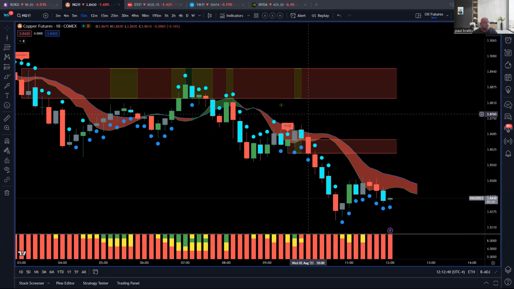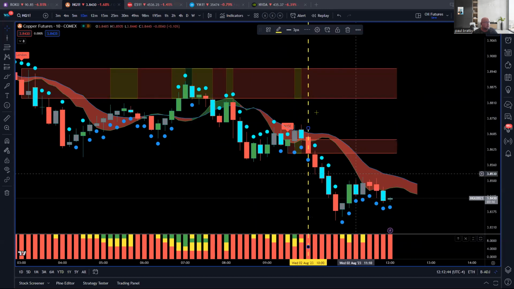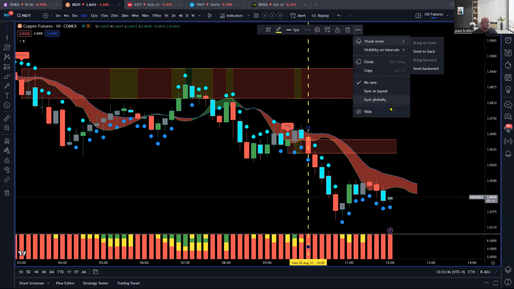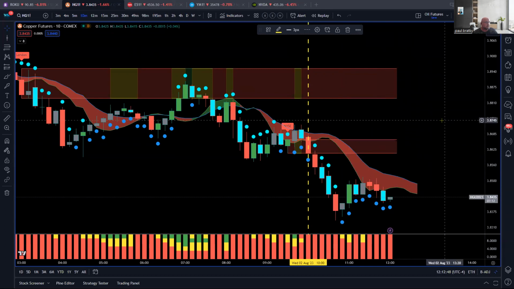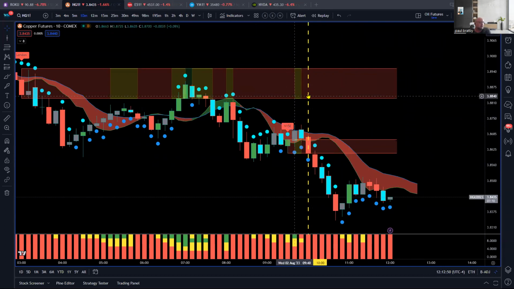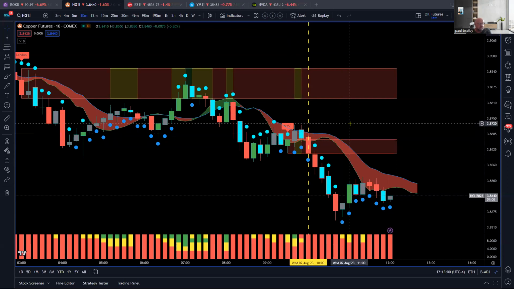We do, however, and I'm going to put a vertical line here, and I'm going to sync in the layout. So what we do here is we move out of that range and then we come back down. This is important because we're on a 10-minute time frame with copper.